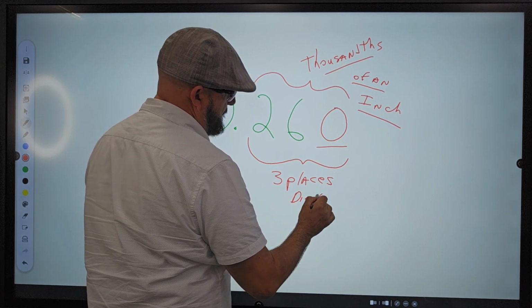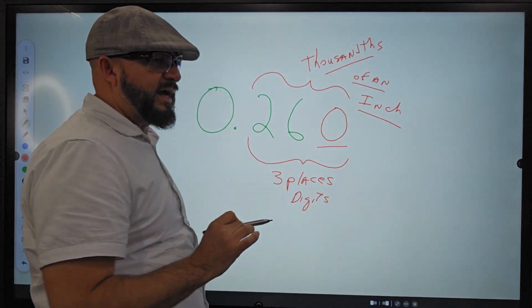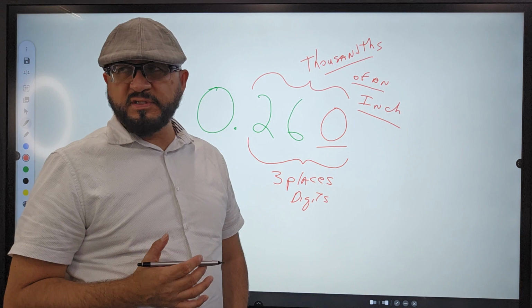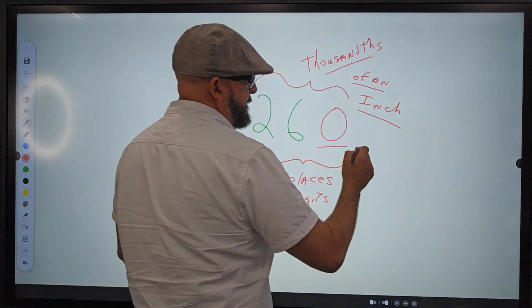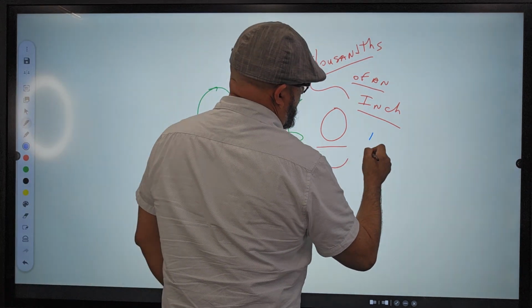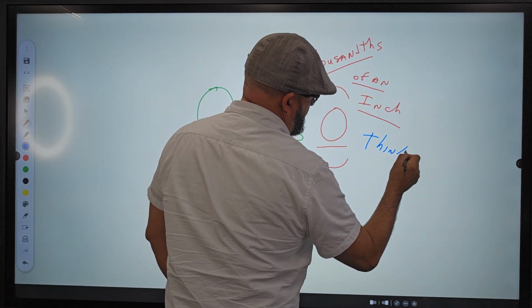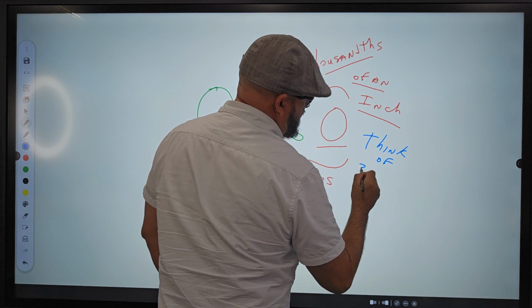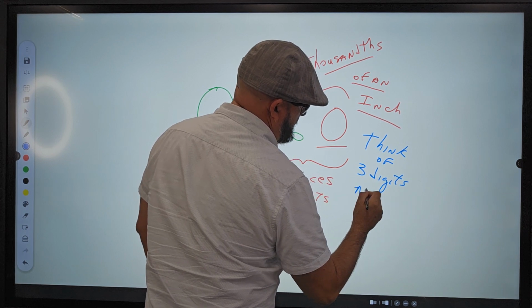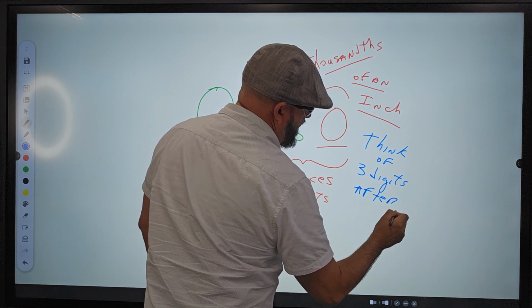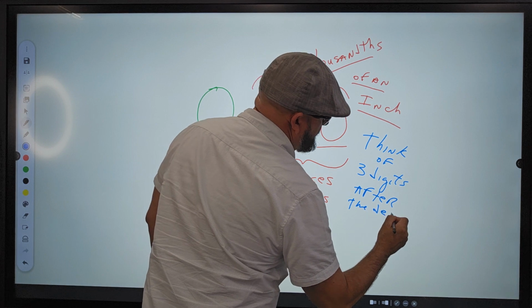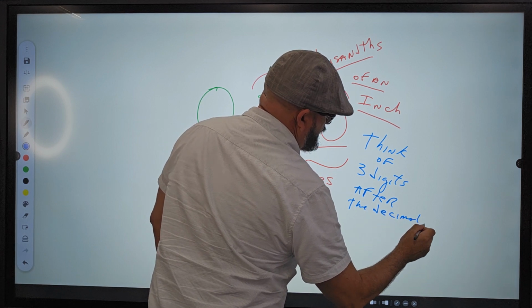I'm going to put here a method that I teach so that you understand this. This is called think of three. Think of 3 digits after the decimal point.